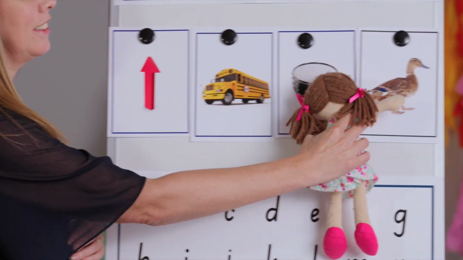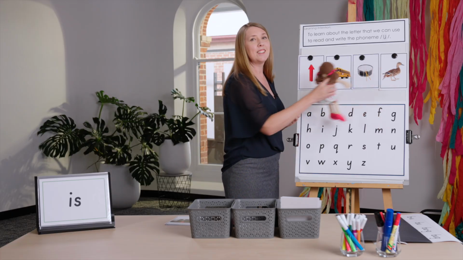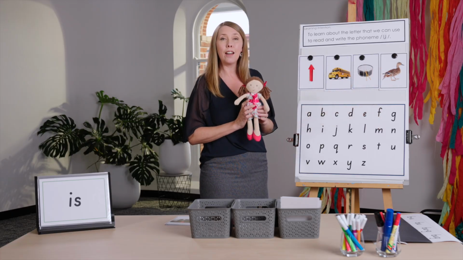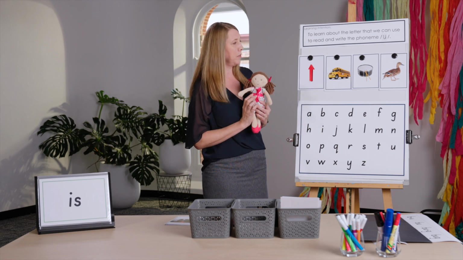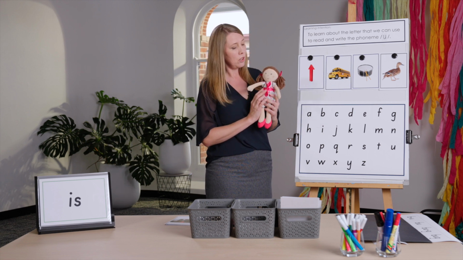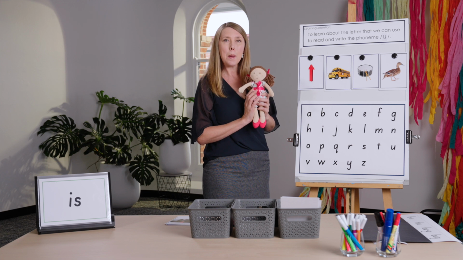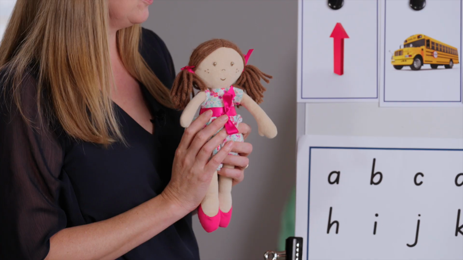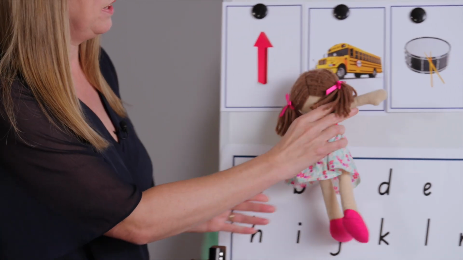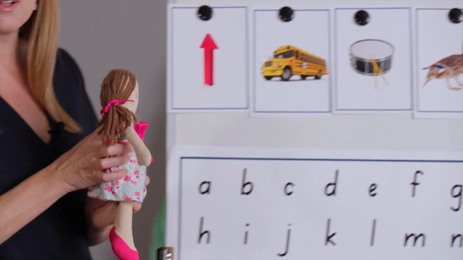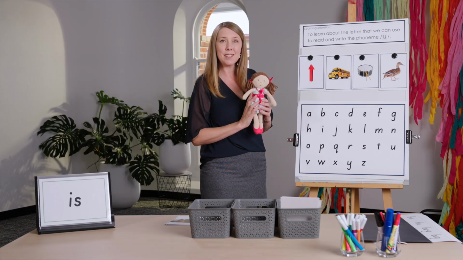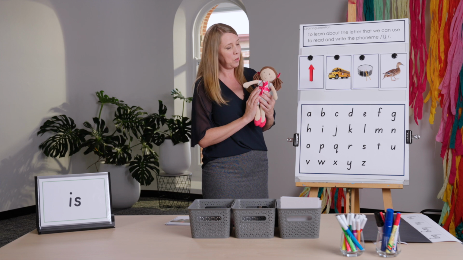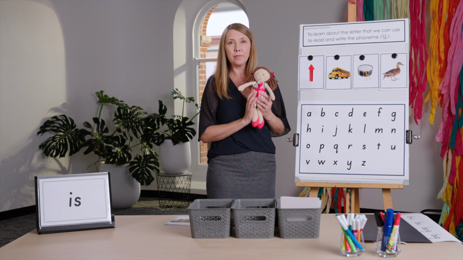Is it the same one as Lucy? She's pointing to a duck. D-u-k makes duck. And our last one is d-r-u-m. D-r-u-m. And Lucy's pointing to drum. Did you point to the same picture as Lucy? Well done, and well done, Lucy.